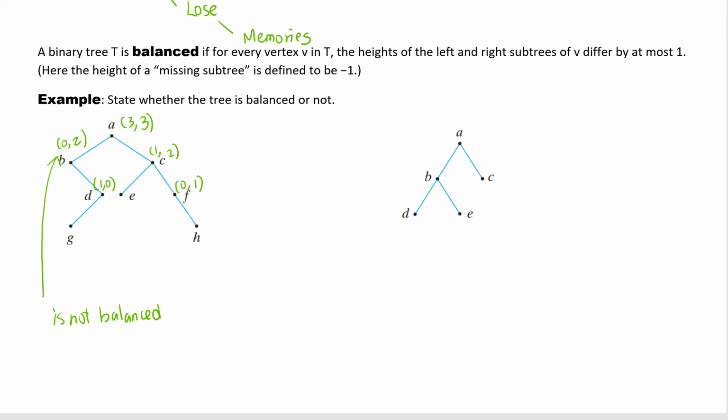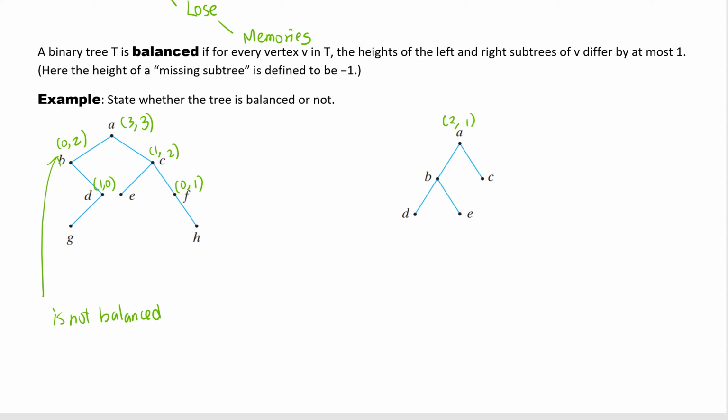Let's continue to the next graph. So let's look at the vertex A. On the left subtree, the height is 2. On the right, the height is 1. Let's look at C. C is a terminal vertex, so the height is defined to be -1.